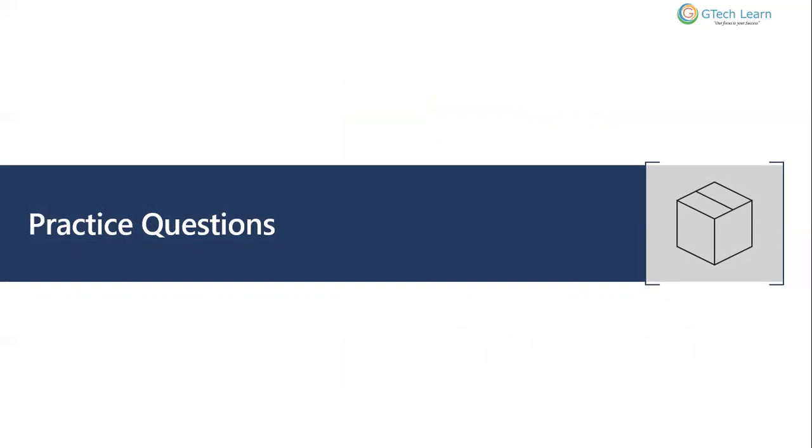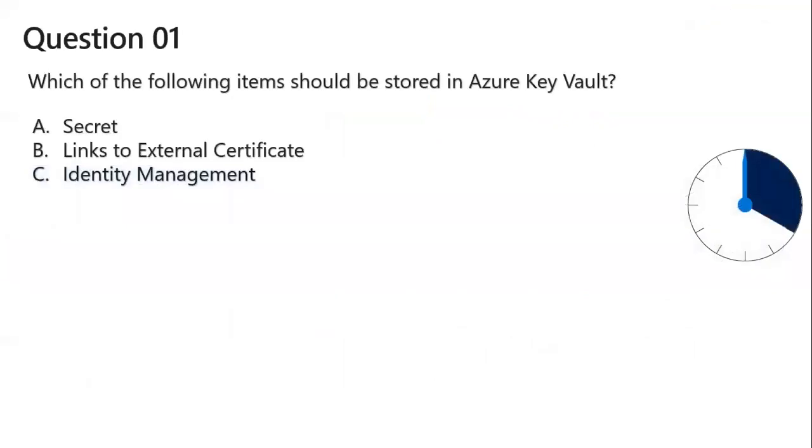Moving ahead with the first question: which of the following items should be stored in Azure Key Vault? The first option is secret, the second option is links to external certificate, and the third option is identity management. Please have your answers on the chat.